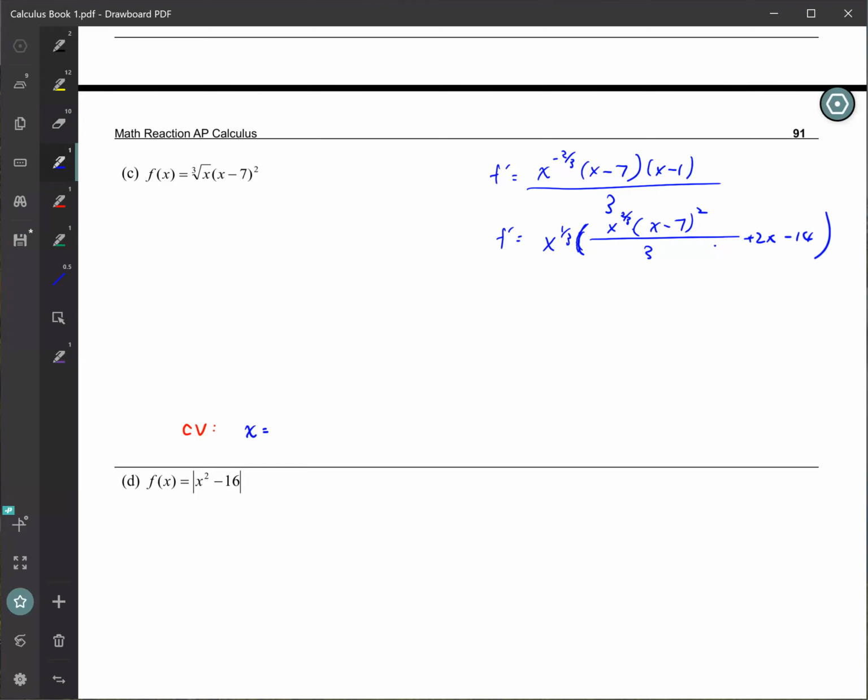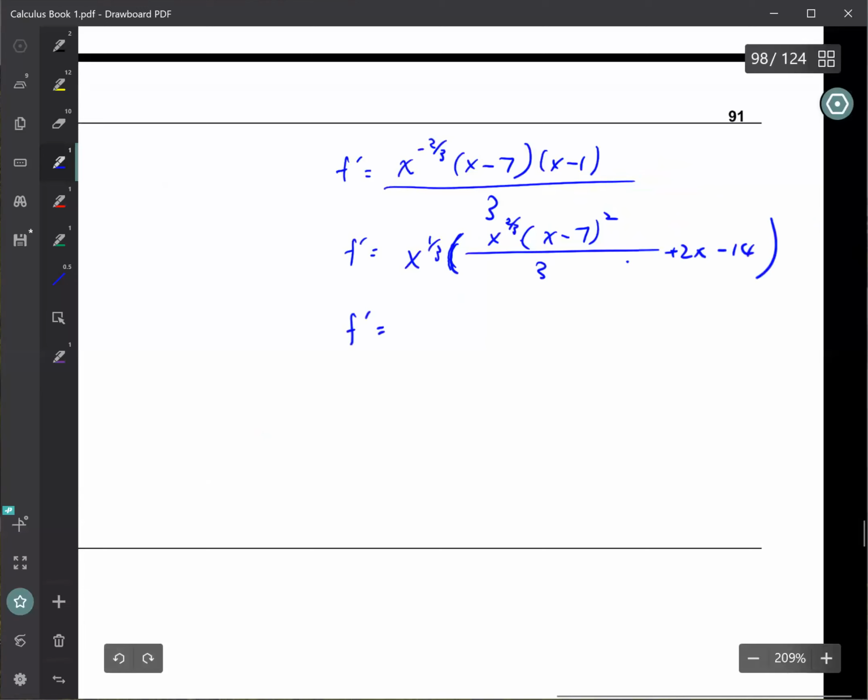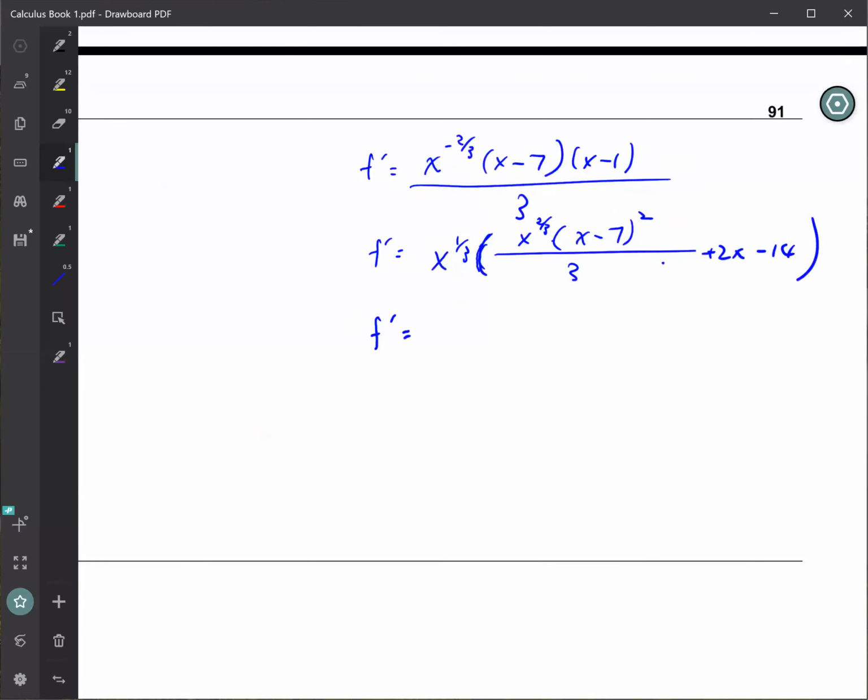Lex, do you have the simplified derivative? Okay. So this is the whole fraction.